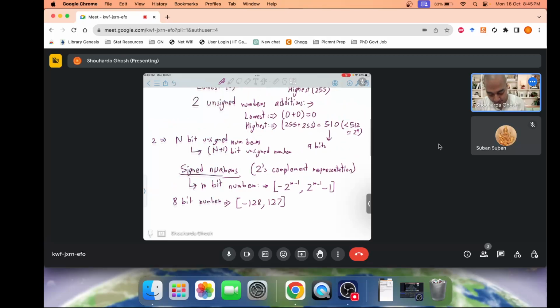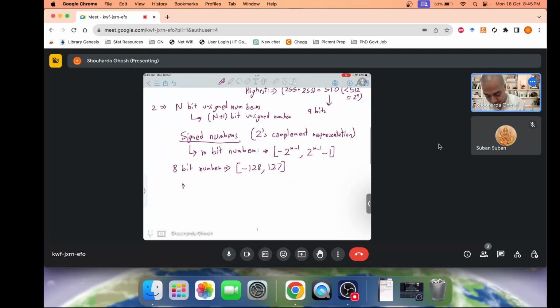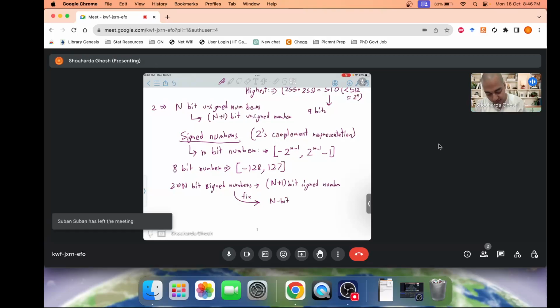In this case as well, two n-bit signed numbers when added give an n plus 1 bit signed number. And in case you want to fix it to n bits, then if the sum actually lies beyond this range, you will have something called overflow.